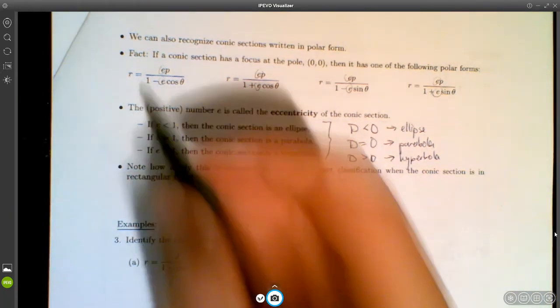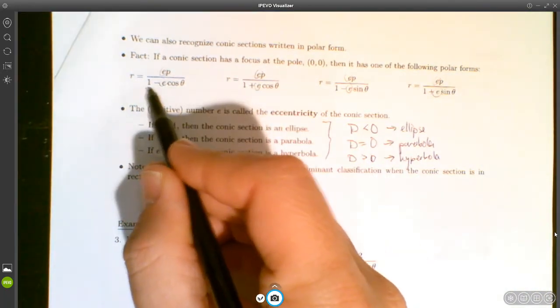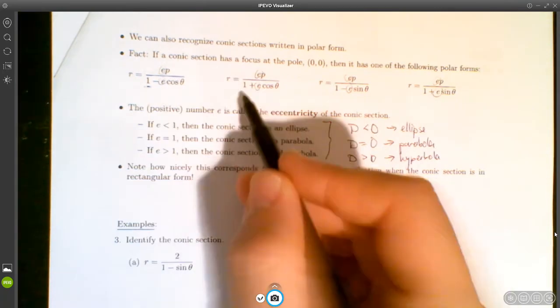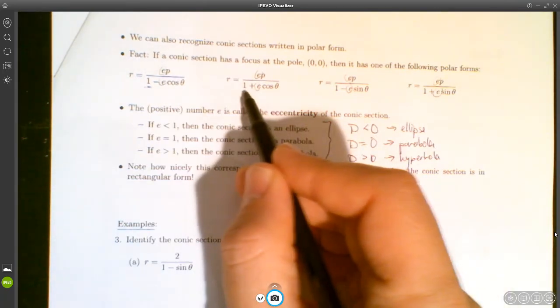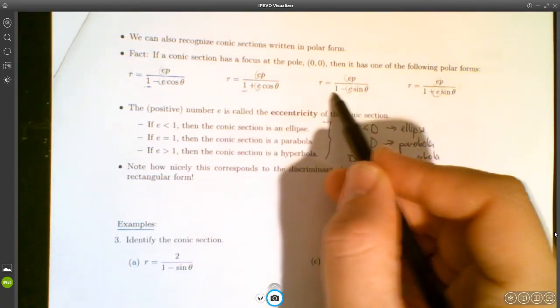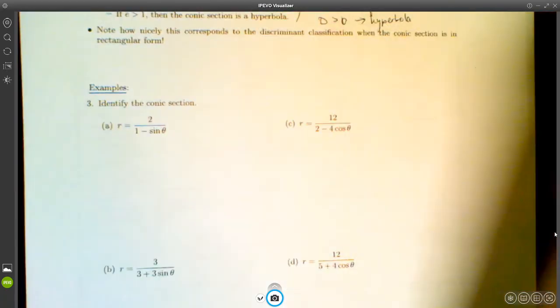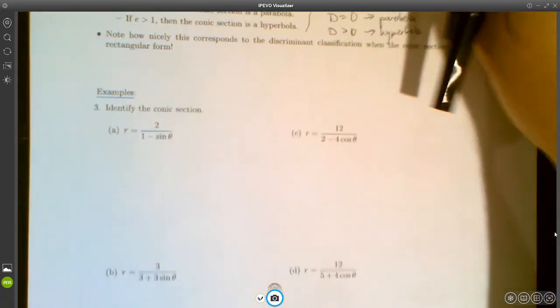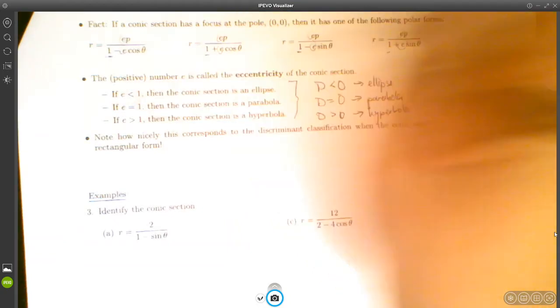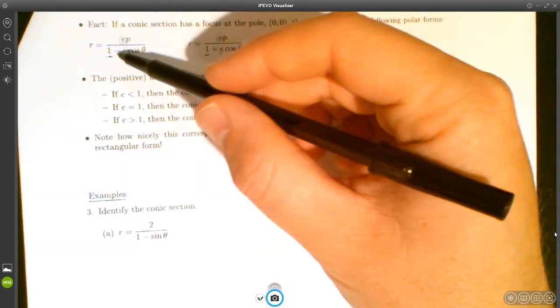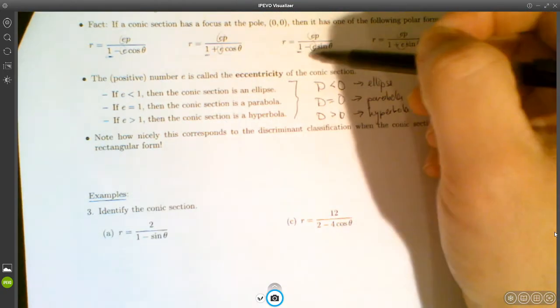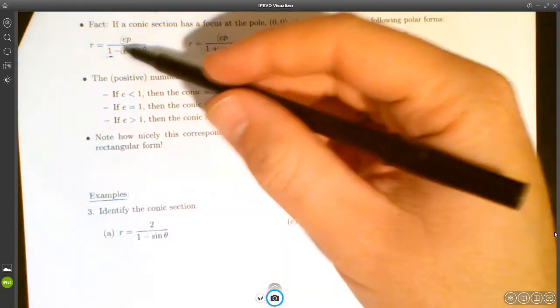So here's how this works. You have to make sure that the constant term in the denominator is 1. For example, on number 3, and by the way, e is always a positive number, because it could be a minus or a plus, so we always take e to be the positive version.